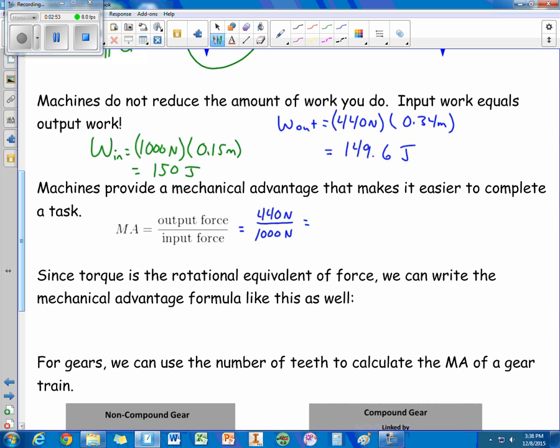And when we calculate that, we get 0.44. Now notice it's unitless. There's no units. This is a ratio. Another way of doing this is by taking the input distance divided by the output distance, but we can take a look at that later.